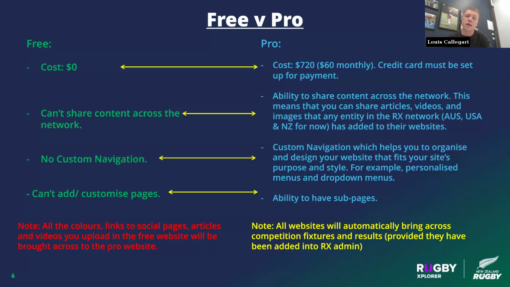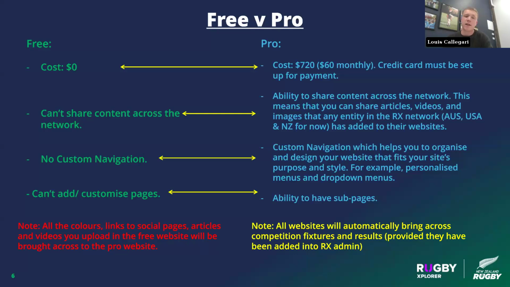You can't share content across the network in the free, whereas in the Pro, you have the ability to share content across the network. So this means that any articles, videos, or images you upload can be viewed by Rugby Australia and Rugby America in their CMS as well.